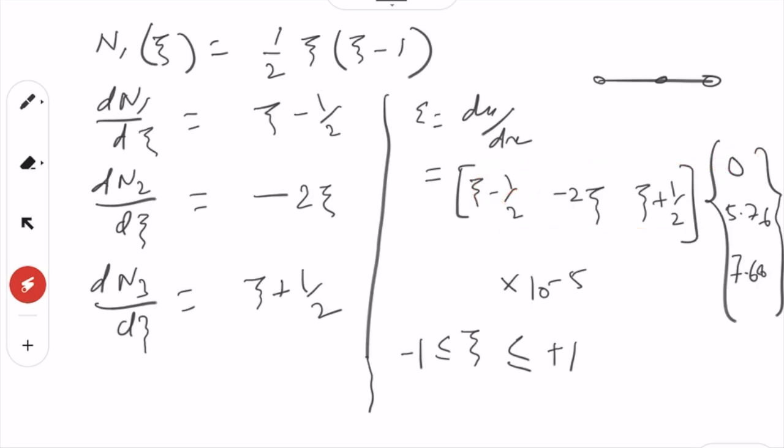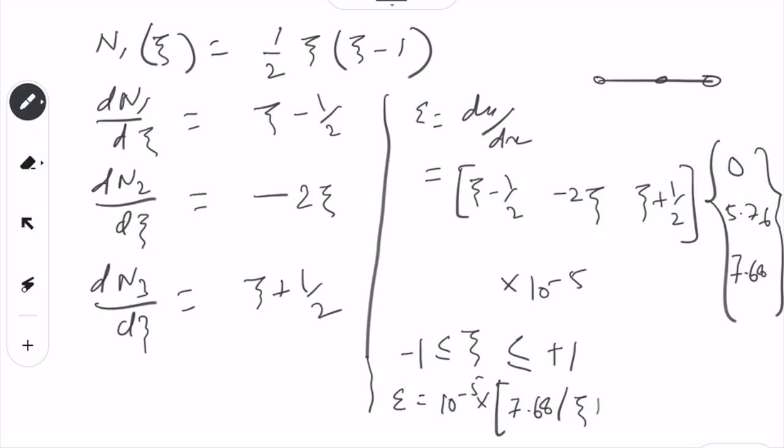So actually you can exactly write how epsilon changes, so epsilon will be 10 to the power minus 5 multiplied by 7.68 xi plus half minus 2 times 5.76 multiplied by xi, rather just write xi only.